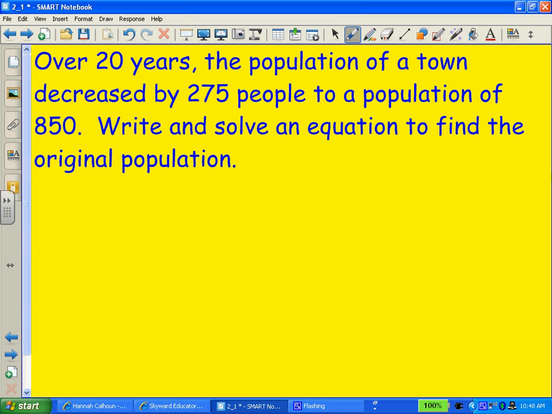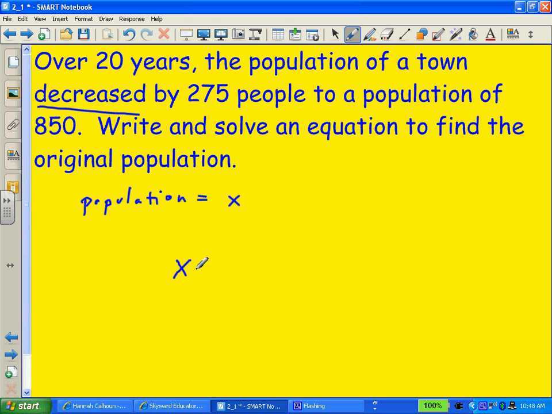Now I'm going to tell you right now, a lot of these story problems you're going to want to do without writing an equation with a variable. Okay? But we need to practice writing equations with a variable. So, the population is what we're looking for. We're going to call that x. Population equals x. The population decreased.